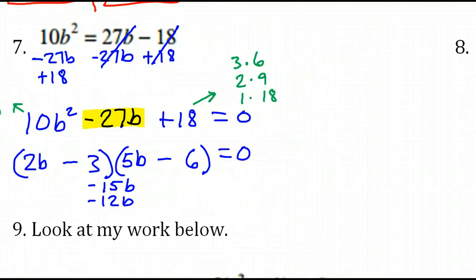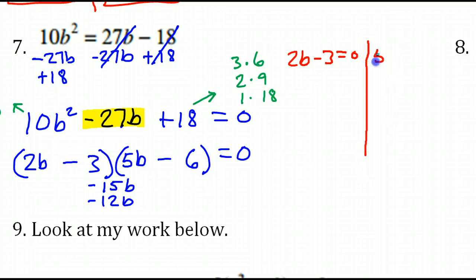So now we can use our zero product property to find the solutions, alright? Either this factor equals 0 or this factor could equal 0. So I'm going to do that up here now. So either 2b minus 3 equals 0, or maybe 5b minus 6 equals 0.